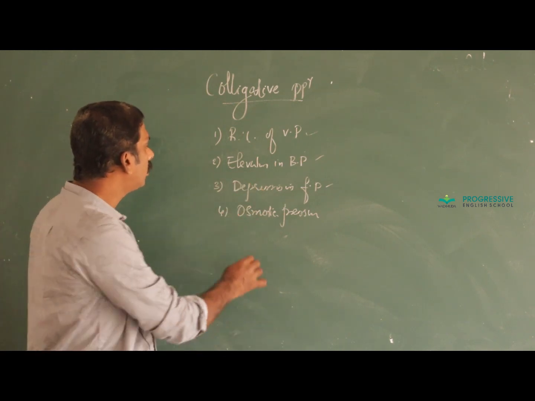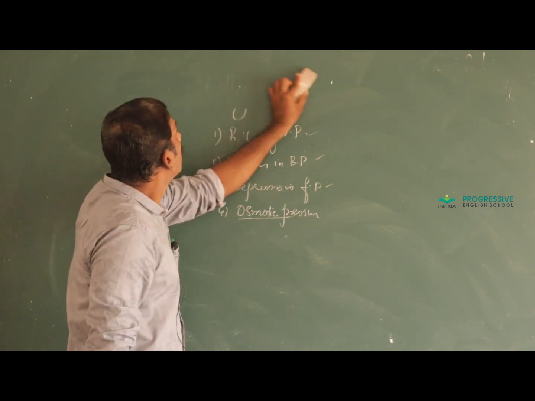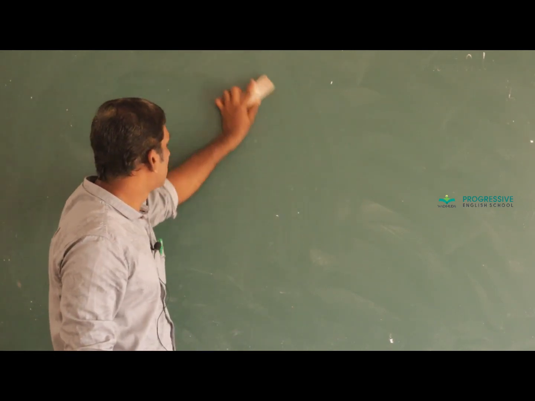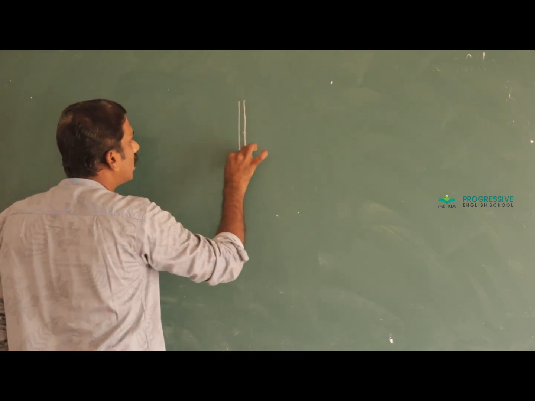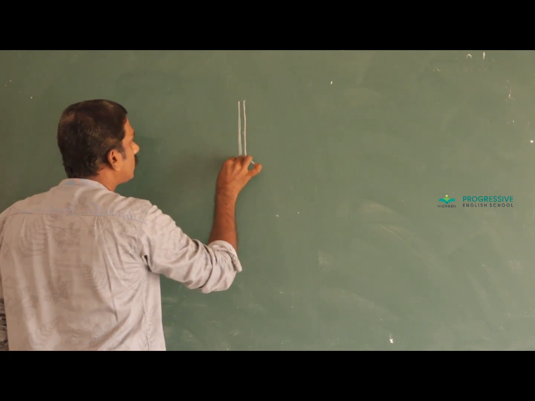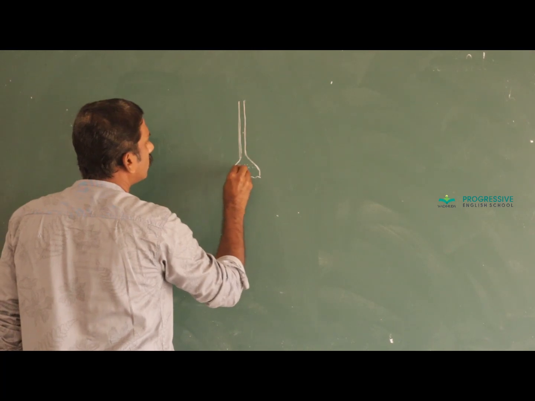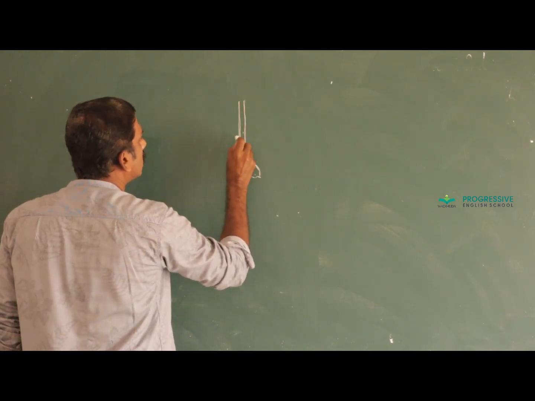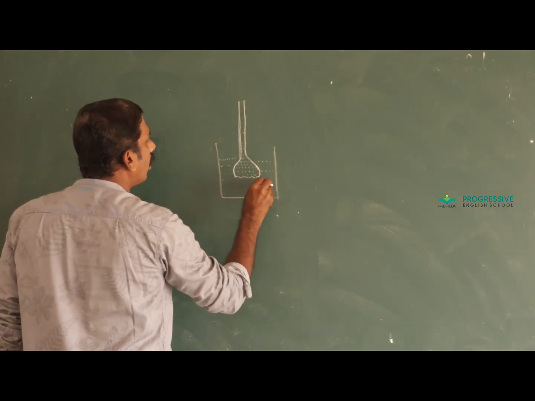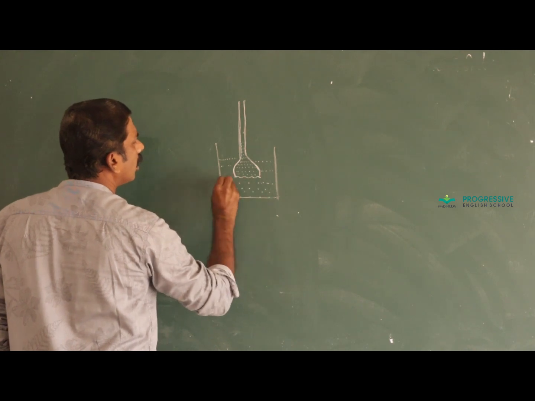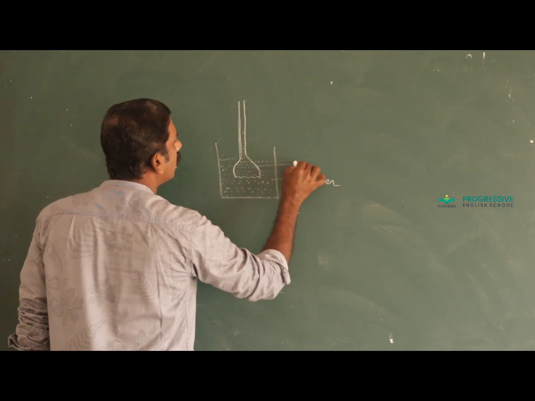Okay. And the fourth one is osmotic pressure. You know osmosis. In lower classes, you studied about osmosis, that is, when we take sugar solution in a thistle funnel and it is immersed or dipped in water taken in a beaker.